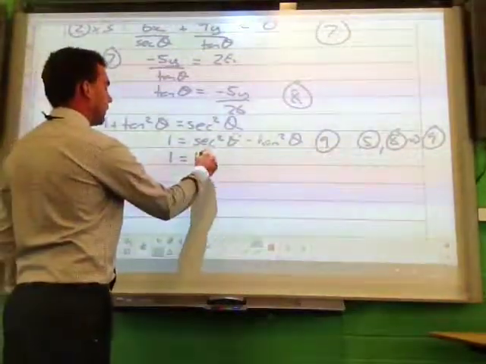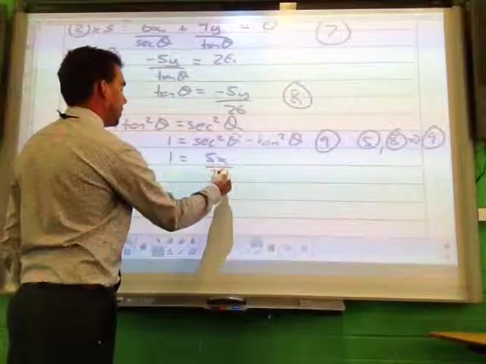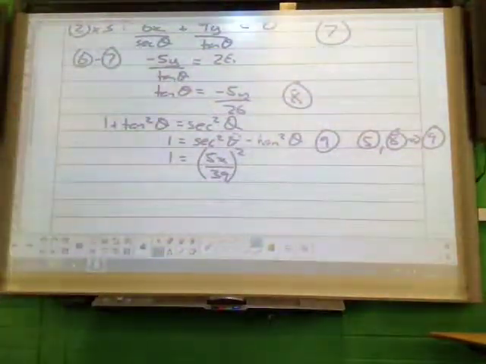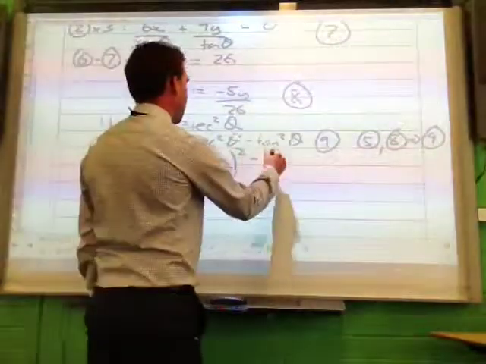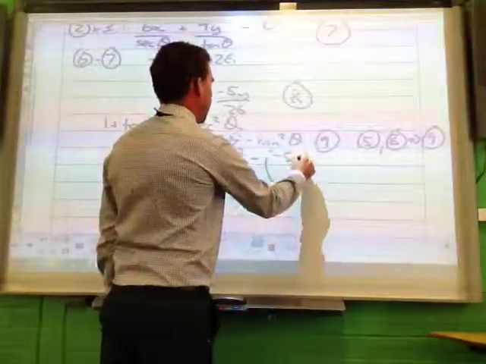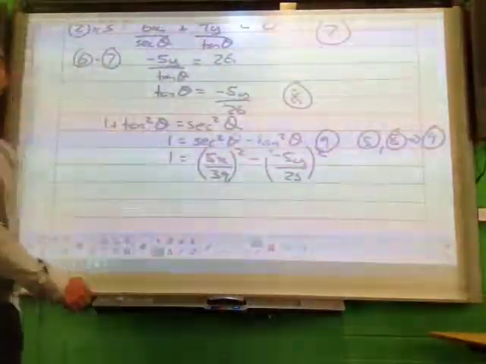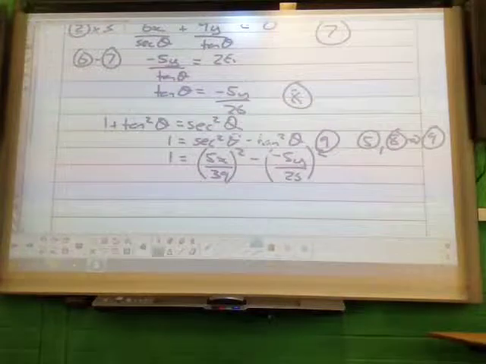So 1 is going to be 5x on 39, all squared, take away negative 5y on 26, all squared. Okay, so you've just eliminated the parameters.